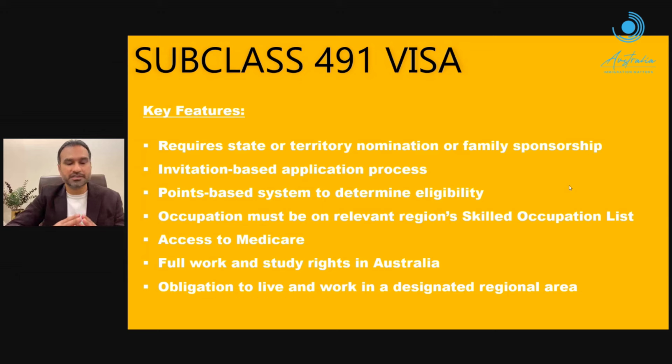You have full work and study rights in Australia. However, there is a caveat, which we will discuss in the next slide. You have an obligation to live and work in a designated regional area of Australia. You can be living in any of the designated regional areas of Australia if you are a 491 visa holder. Again, this is a moral plus legal obligation.